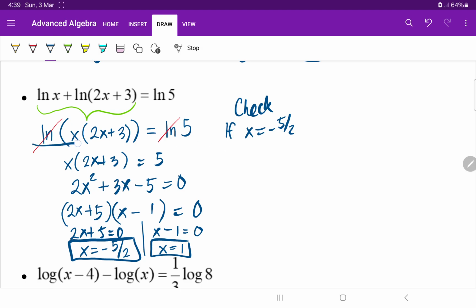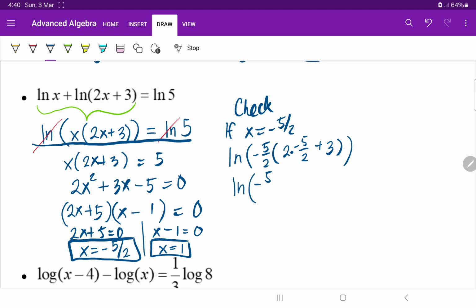So let's start here. ln of negative 5 halves times 2 times negative 5 halves plus 3. Let's evaluate this. ln of negative 5 halves, then 2 times negative 5 halves is negative 5, then plus 3.